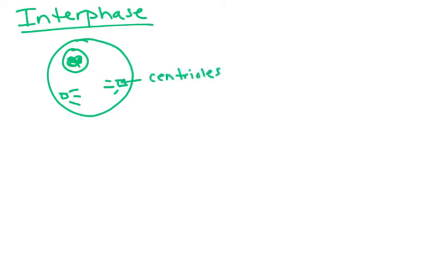And remember, centrioles help the chromosomes move around in the cell. These lines are called spindle fibers. And the spindle fibers connect the centrioles to the chromosomes. Okay, these little squiggles, these are called chromatin, which is DNA that's not visible.